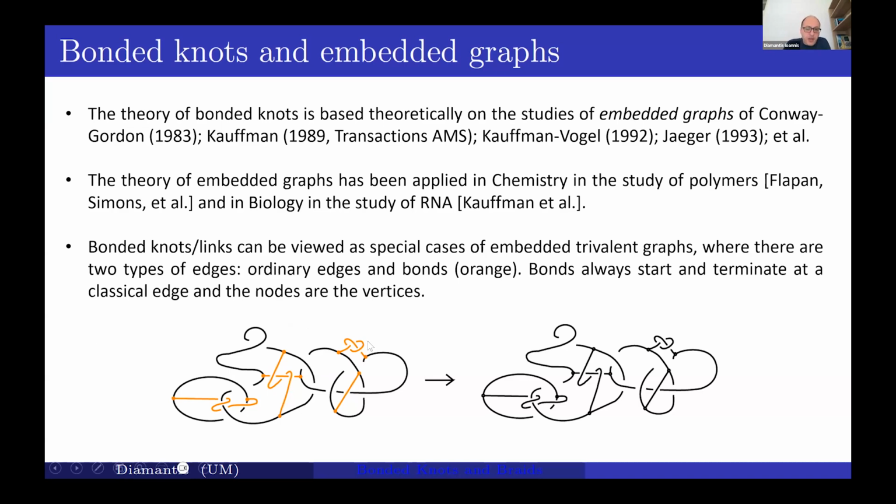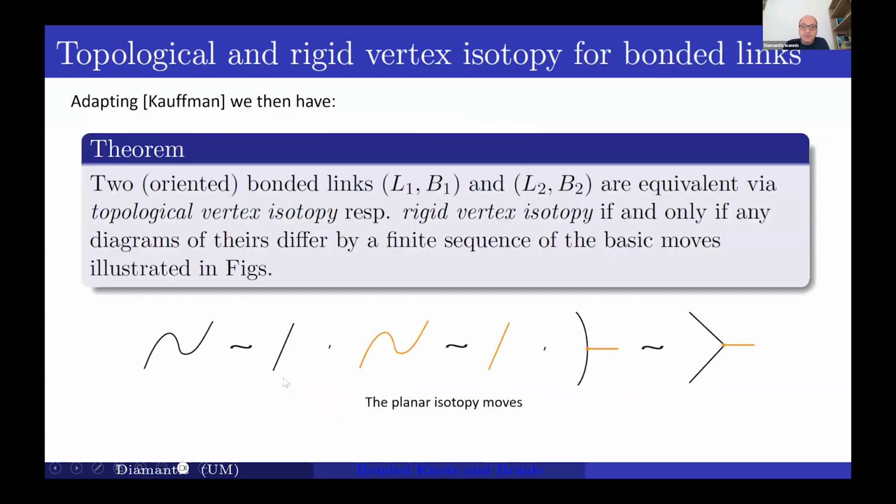If you forget the colors, if you forget that bonds are embedded arcs in the complement, you can see this monster here as a graph, a trivalent graph, actually a special case of a trivalent graph. And this is extremely important, because using this fact, we can have invariants of bonded links by adapting a little bit the difference between an embedded graph and a bonded link.